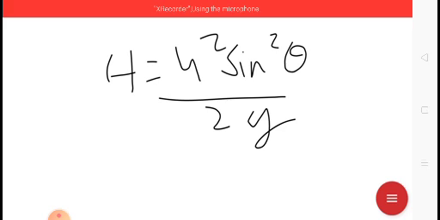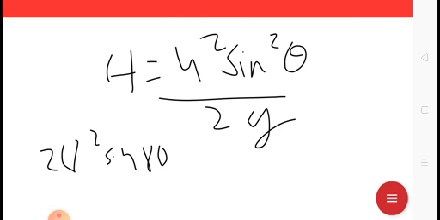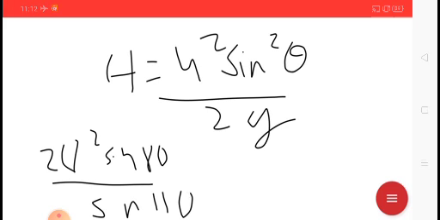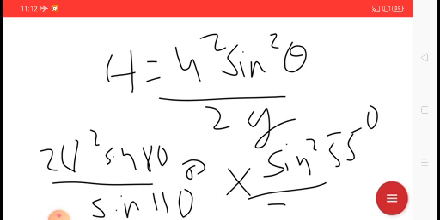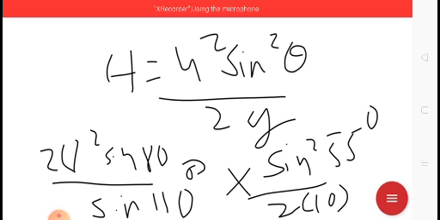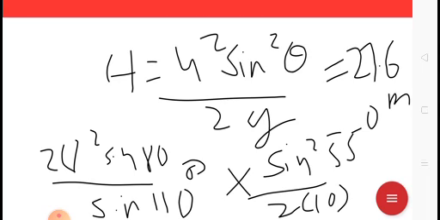Right, and just now you already have u square, so you have 28 square sine 80 over sine 110, multiply sine square 55 over 2 times 10. Right, so for this one, you will get the greatest height is 27.6 meter.